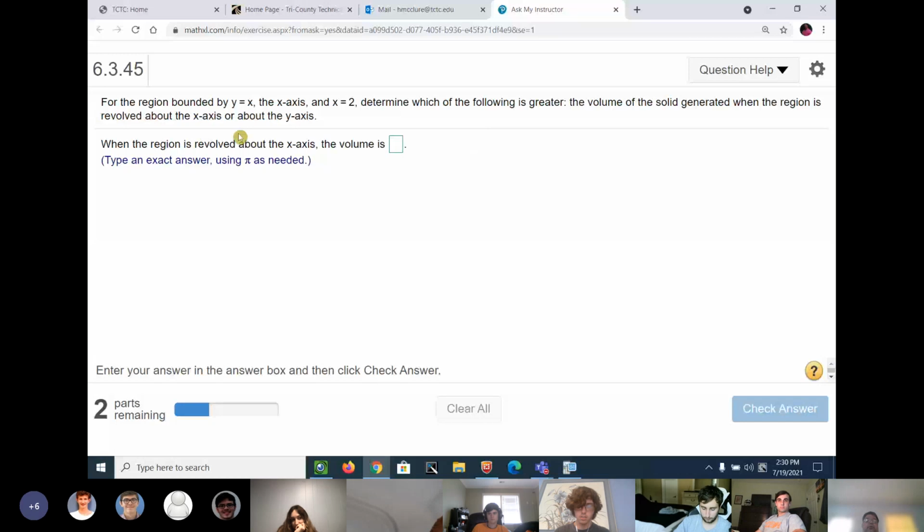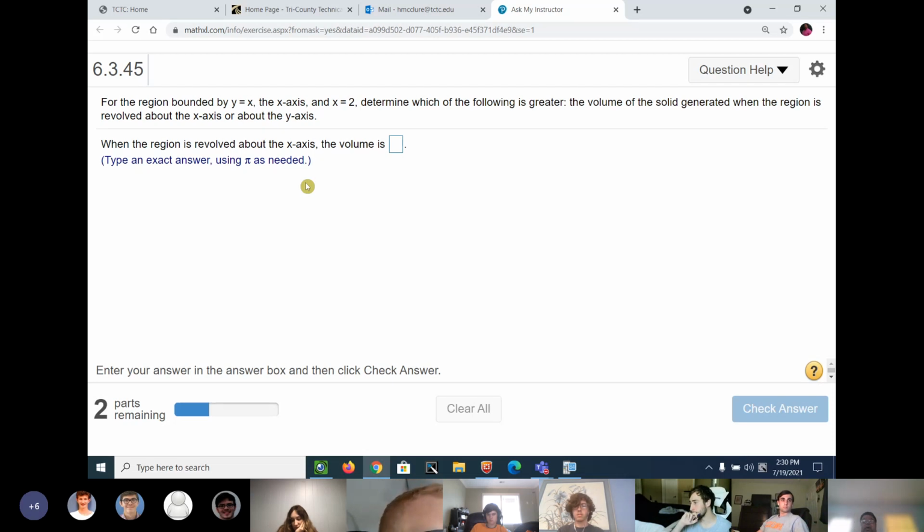For the region bounded by y is equal to x, the x-axis, and x is equal to 2, so let's draw that. Y is equal to x, x-axis, and x is equal to 2.